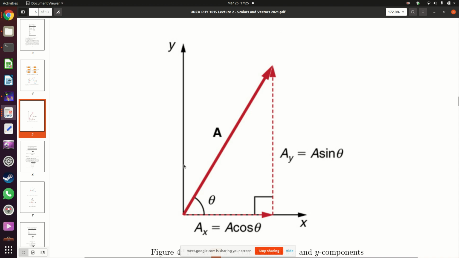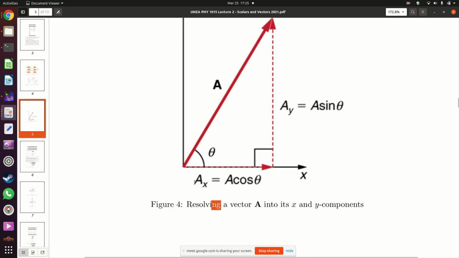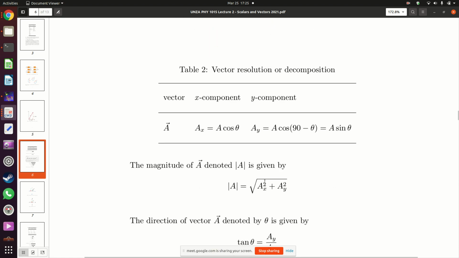So for us to find how much vector A is along the y-axis, we multiply the size of vector A, which is A, times the cosine of this angle, the cosine of 90 minus theta. So Ay is equal to A multiplied by the cosine of the angle between the direction and the vector, which is 90 minus theta.